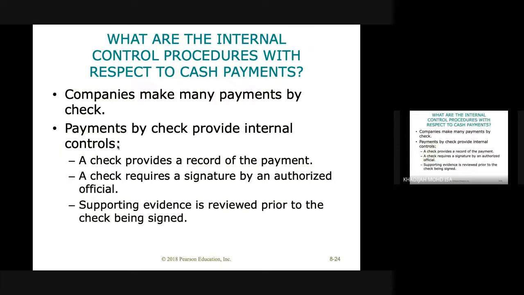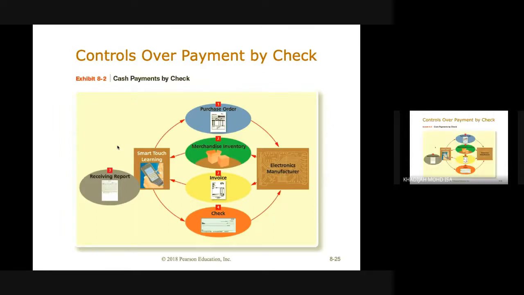Apply internal controls to cash payment. Companies make many payments. When you make payments, a check provides a record of the payment. A check requires a signature by an authorized official, so normally you need more than one signature. Supporting evidence is verified prior to the check being signed. Payment by check is controlled to make sure the payment is made for the right purpose.